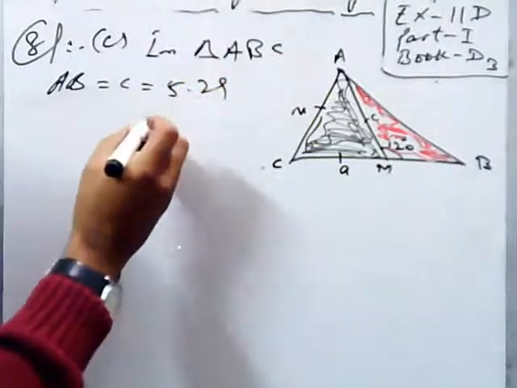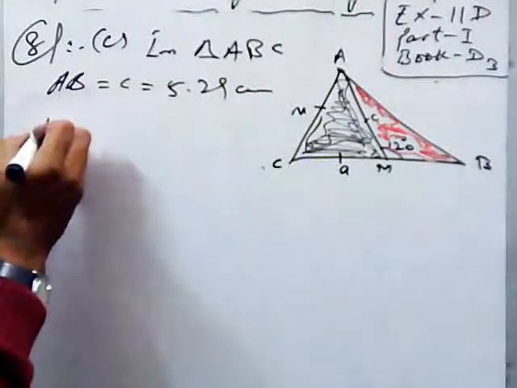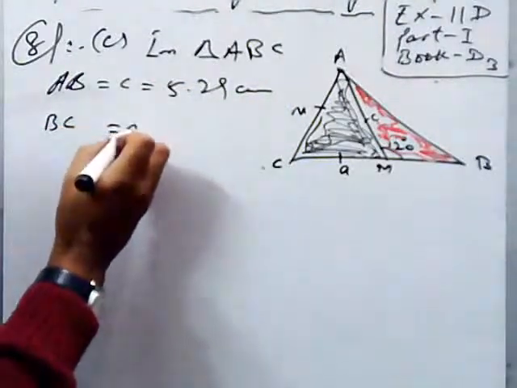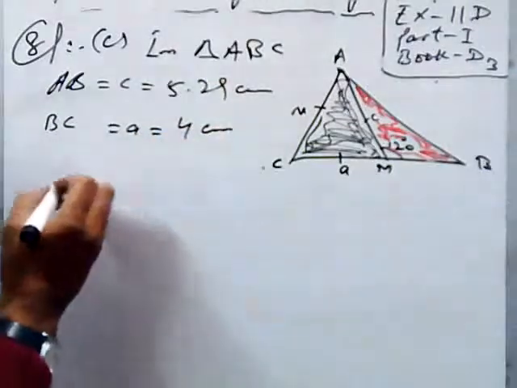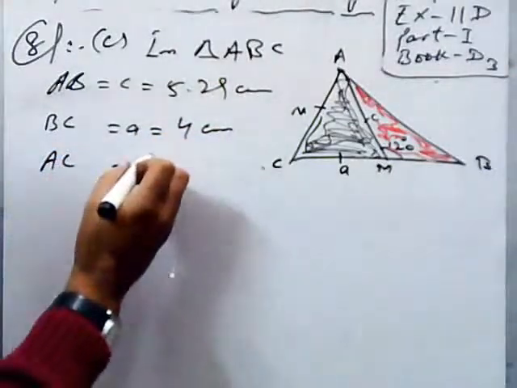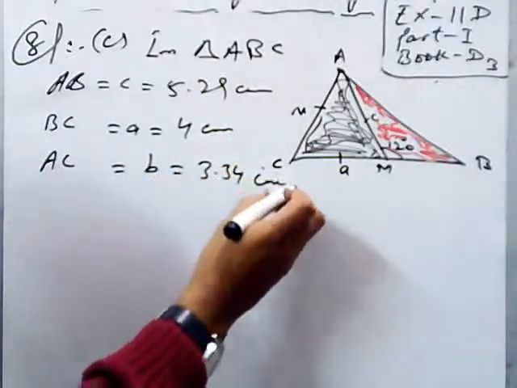Just now we have calculated. The value of BC is a, which is 4 centimeter, and AC is actually small b, which is 3.46 cm.